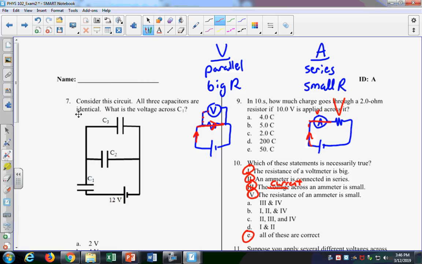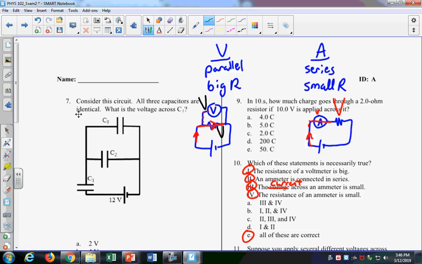It is whatever it is across the resistor. Because you remember resistors in parallel have the same voltage. So whatever voltage is here is also here. The current through a voltmeter is always small. But the voltage across a voltmeter is whatever it is. It's big, it's small, it's whatever it is. Okay?